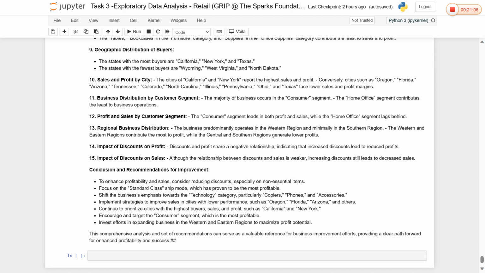Shift the business emphasis towards the technology category, particularly copiers, phones, and accessories. Implement strategies to improve the sales in the lower performing cities such as Oregon, Florida, Arizona, and others like that. Invest efforts in expanding the business in the western and eastern regions to maximize the profit potential.